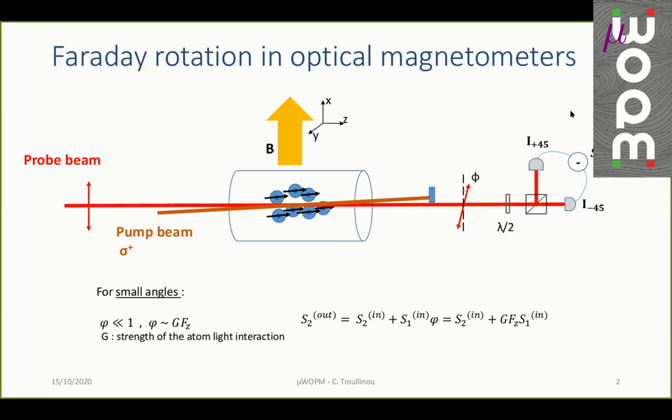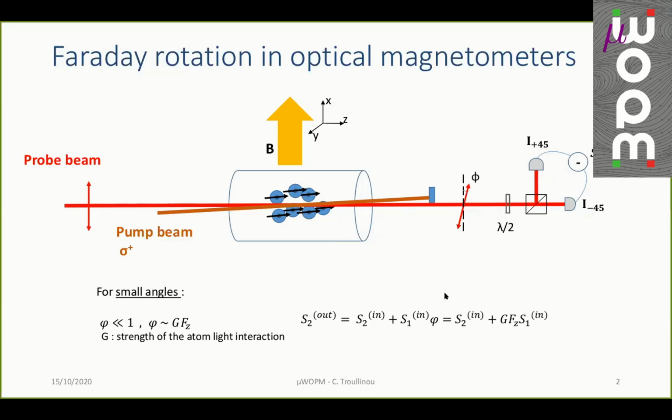The polarization plane would be rotated by a small angle phi, and this angle phi we are detecting by a balanced detector here, consisting of a half-wave plate and the PBS. What you see here is we are actually observing the Stokes parameter S2, which is a function of the atomic interaction, which is over here, and the photon interaction.